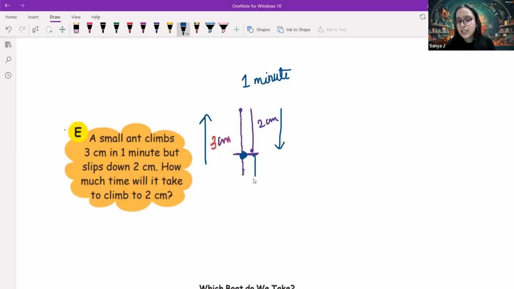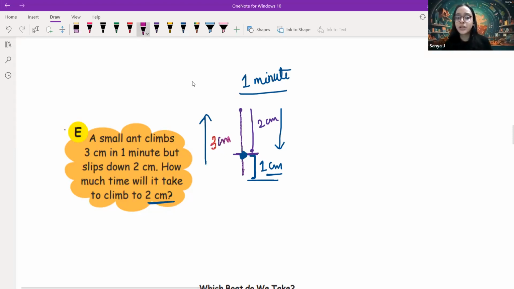Let's find the difference. This is nothing but the difference of 3 and 2. And what is 3 minus 2? That is 1 centimeter. So this means that in 1 minute, the ant is able to climb 1 centimeter only. Let's move ahead. How much time will it take to climb 2 centimeters?